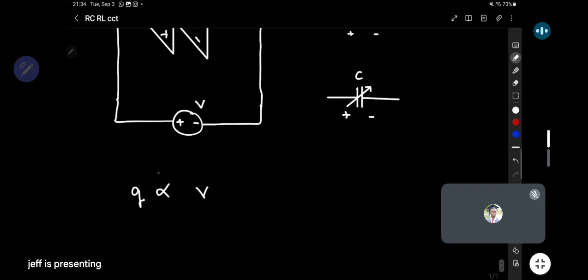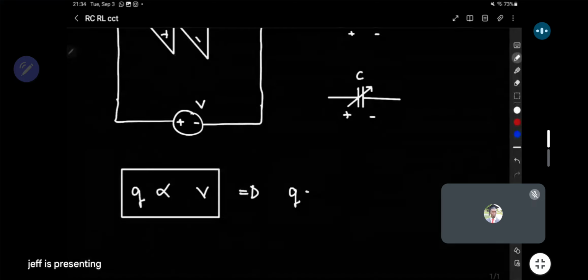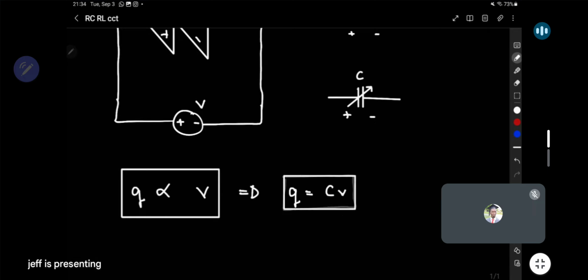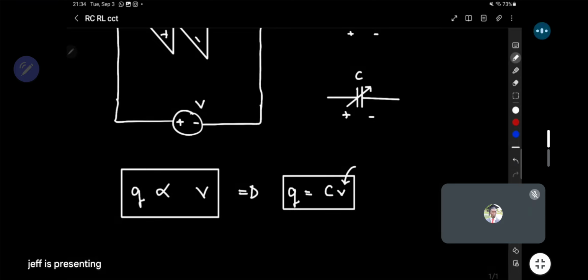So this is going to be the relationship. When we change this proportionality to an equal sign, the charge stored in a capacitor equals a constant of proportionality C, which becomes the capacitance, multiplying the voltage. This tells us how much charge the capacitor is going to keep.